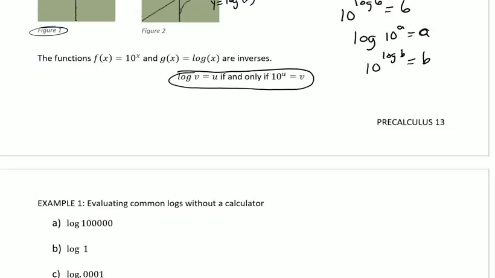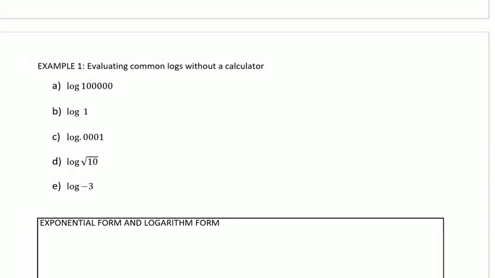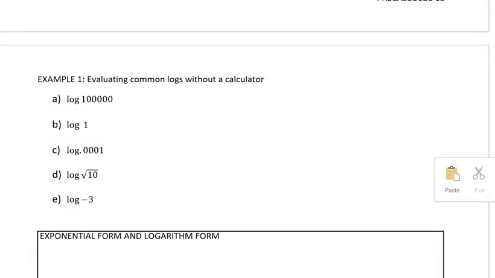Now we want to evaluate some common logs without a calculator. The log of 100,000 is the log of 10 to the 5th power, since 10 to the 5th power is 100,000. We just learned that the log and the 10 cancel, so that is 5. The log of 1 is 0, because 10 to the 0 power is 1.